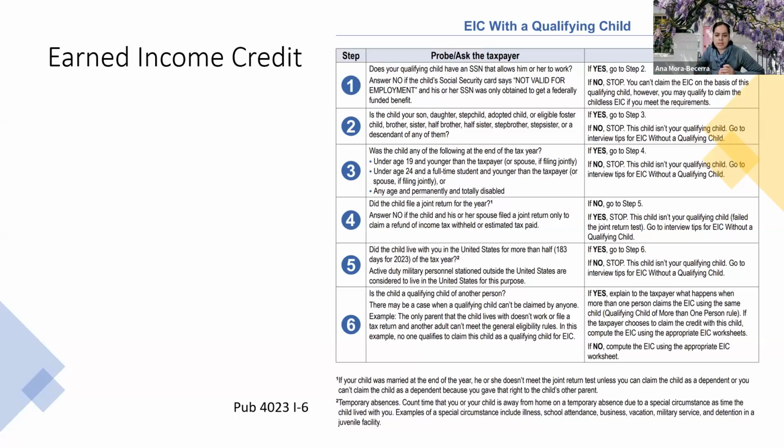The other part that gets a little confusing is step 3, the age test. A child can be a qualifying child if they're over the age of 18, so between 19 and 24, if they're a full-time student. If they're permanently or totally disabled, any age is applicable for a qualifying child.